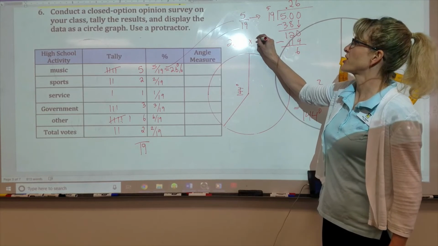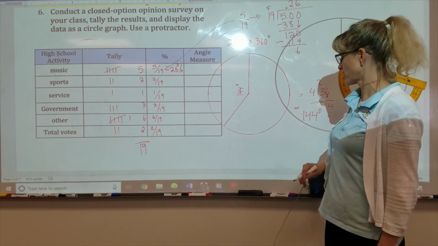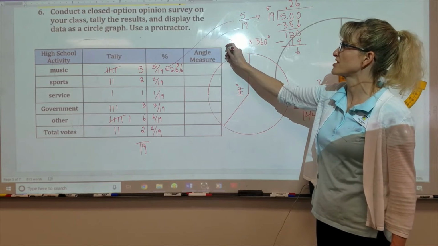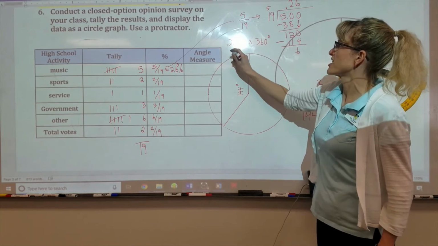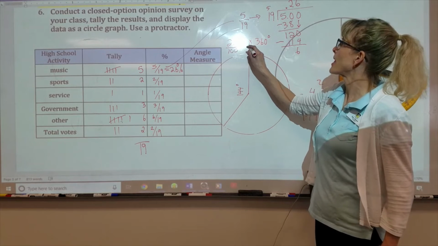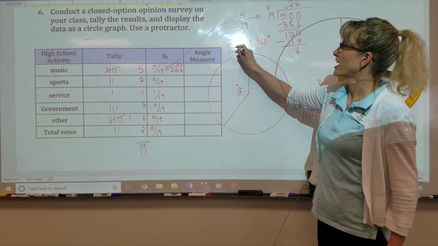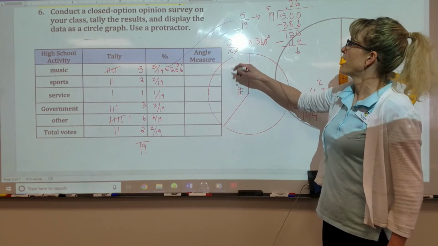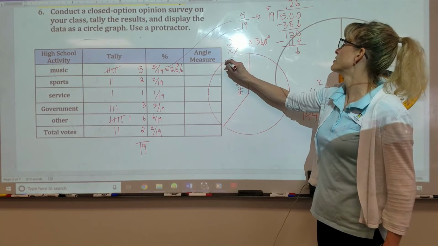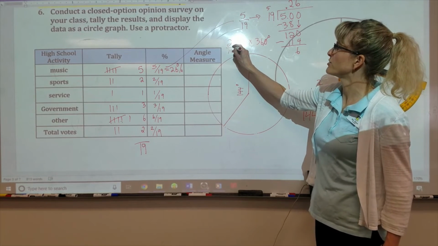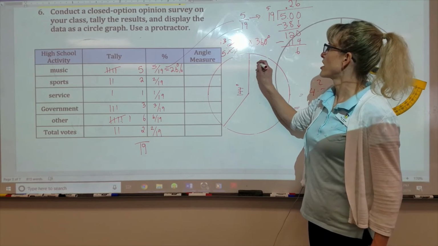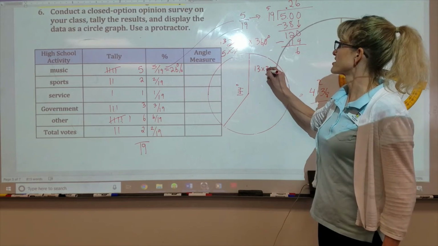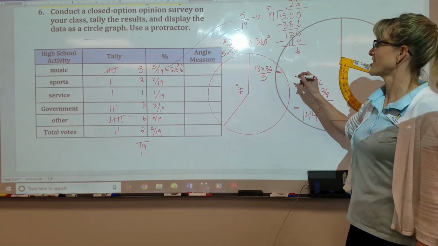To find our angle measure, we would take 26% and times that by 360 degrees. So again, what we talked about before is turning this into a fraction or a decimal. So let's go 26 per 100, times 360. I'm going to get rid of the 0 here. 10 would go in. I could pull a 2 out. So 5 and a 13. So I've got 13 times 36 divided by 5. Oh, should have picked nicer numbers.